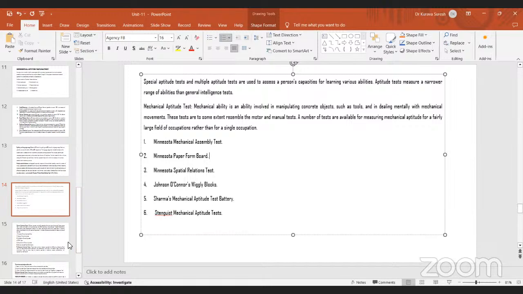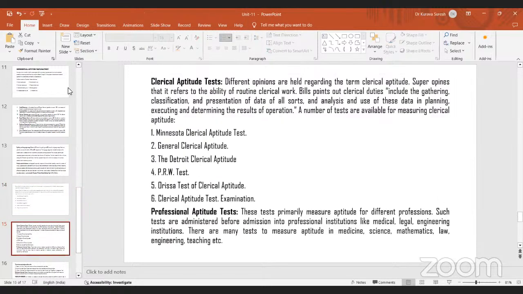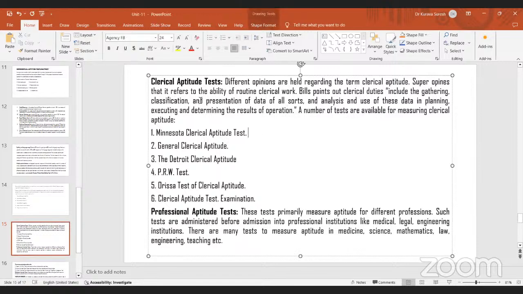The clerical aptitude test. Different opinions are held regarding the term clerical aptitude. Super's opinion refers to the ability for routine clerical work.